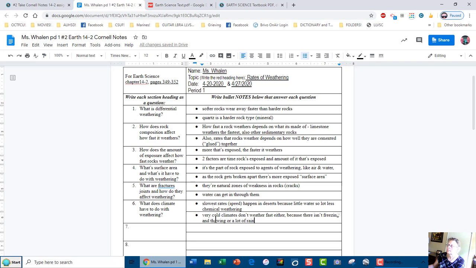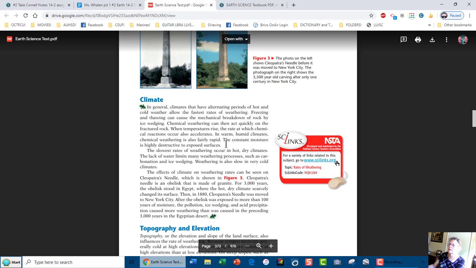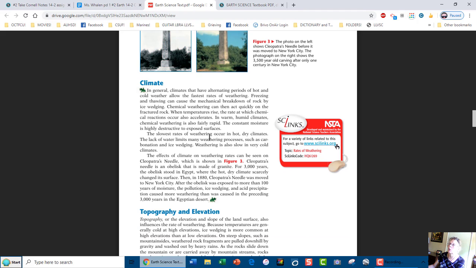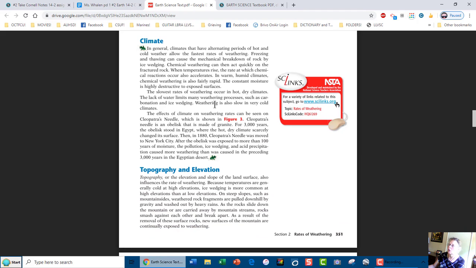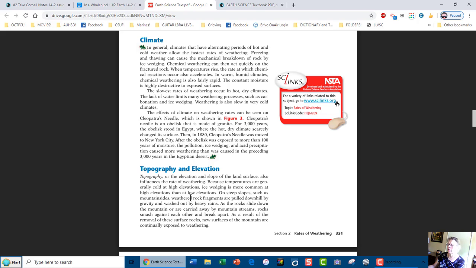In Russia and China, they have some really cold areas there. Okay, so I read that, and that's where I got my bullets. So I'll go to the next heading. Just a reminder, when you read this, you'll also get about, I talked about deserts. It's a lot slower than like the jungle or New York.